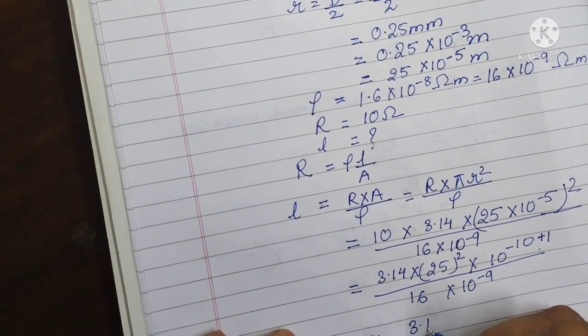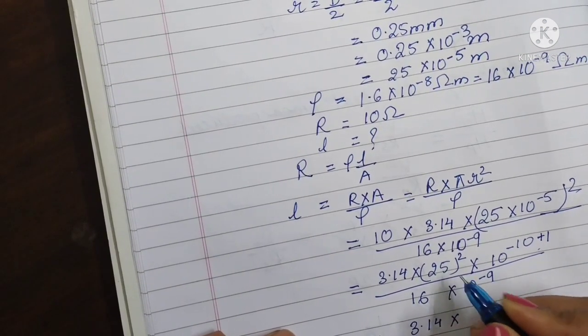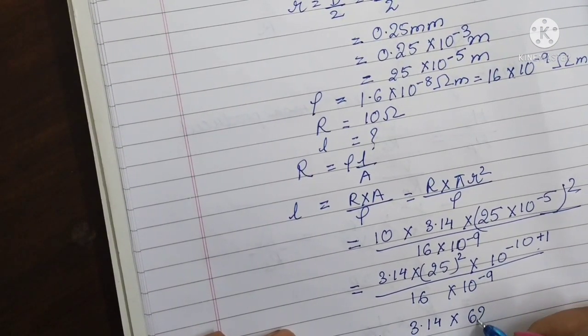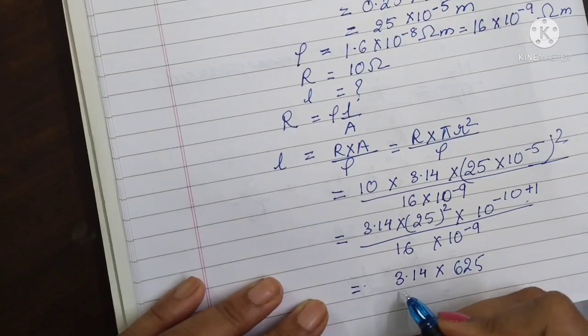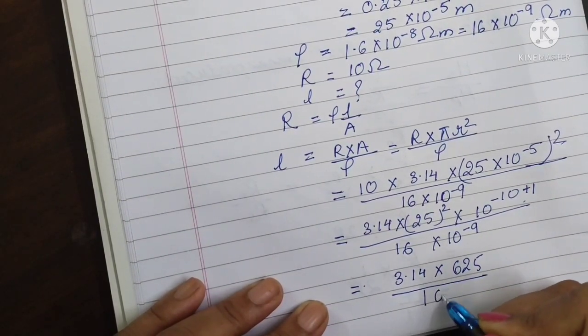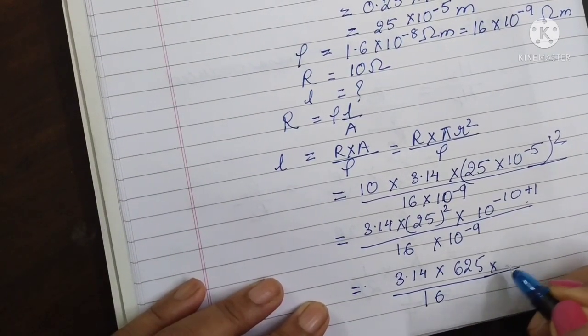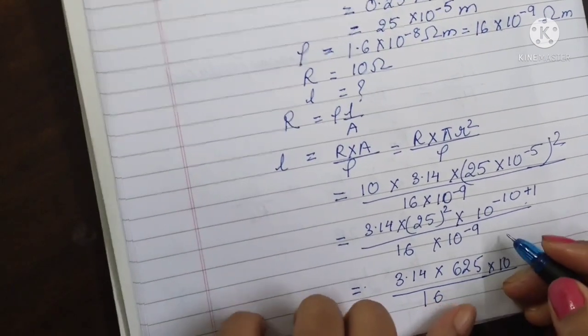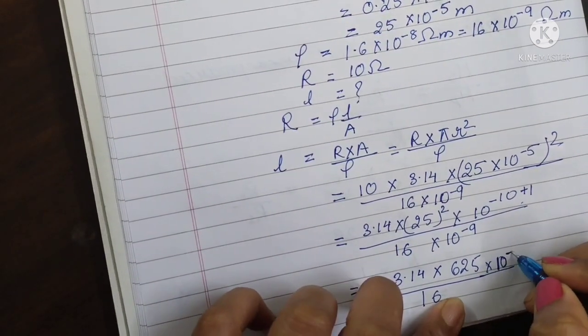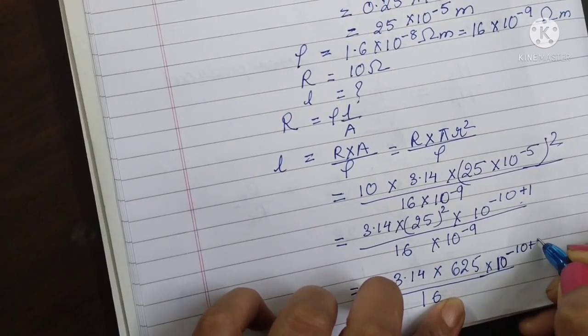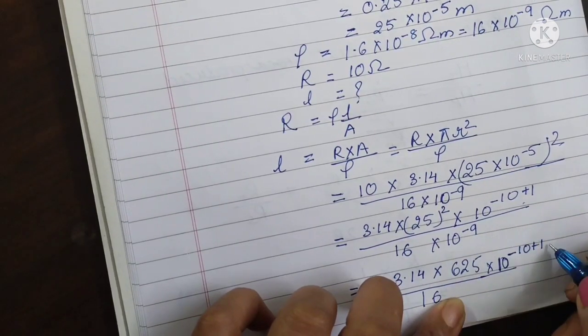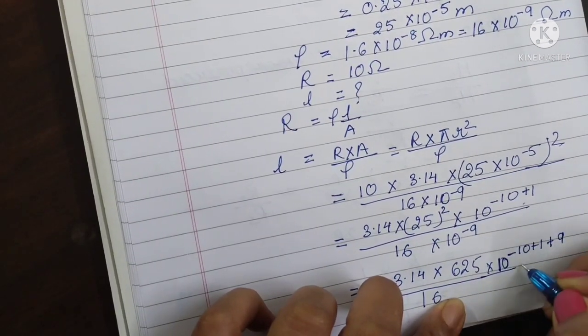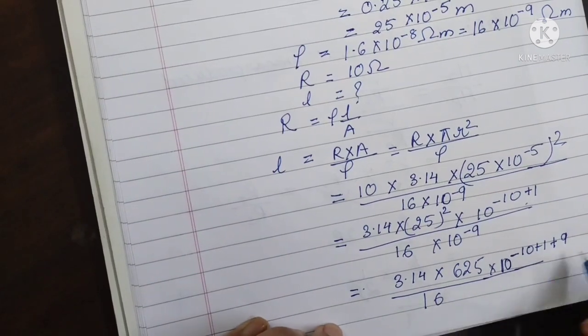So this will be equal to 3.14 into 25 into 25 is 625 by 16 into, here we will write the power of 10 to the power minus 10 plus 1, and this minus 9 will go up and then plus 9.